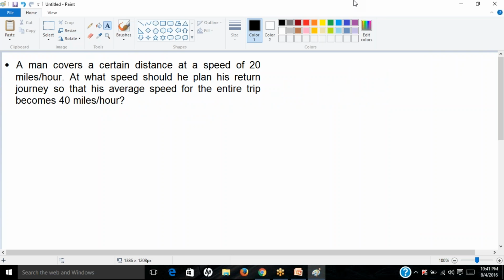Think when you are answering. You are covering a distance at a speed of 20, you are returning also at 20, so won't your average speed remain 20? Think logically, okay? Don't think of maths. You are going at 20, returning at 20. Your average speed remains 20 only. There is no change in the speed at all. I want the average to become 40. Double.